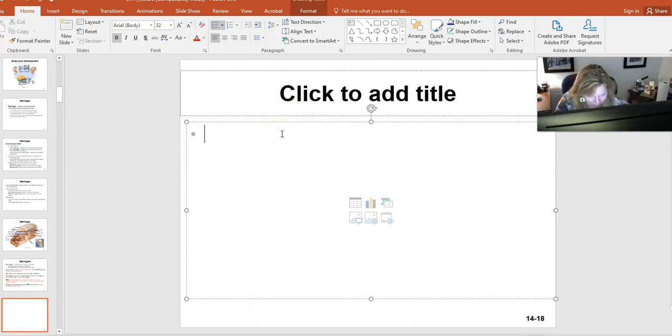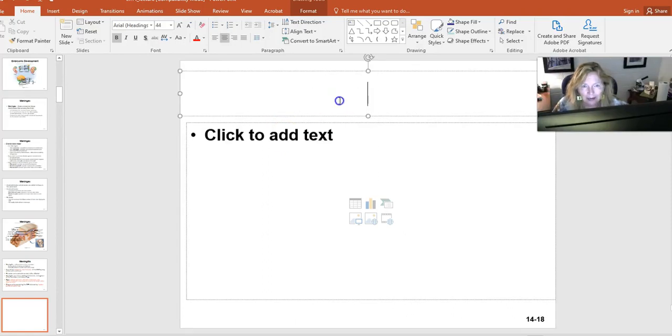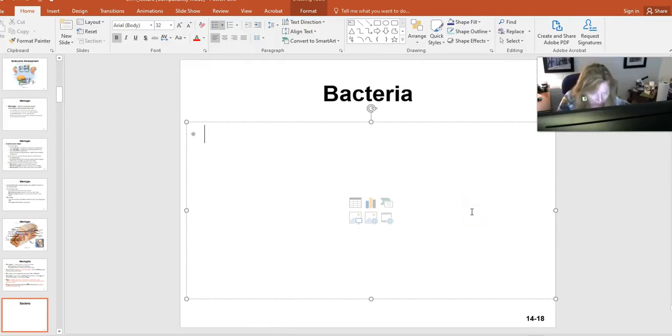Okay, so I want to tell you about some of these microbes, and the ones that I'm mentioning now are bacterial. These are from bacterial causes. The first one I want you to know is called Streptococcus pneumoniae.